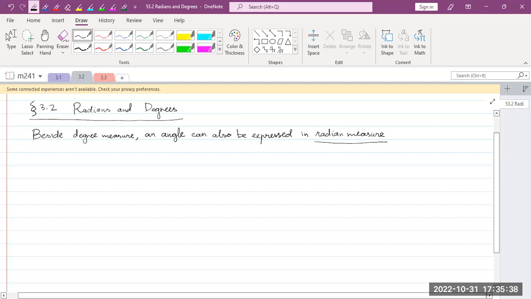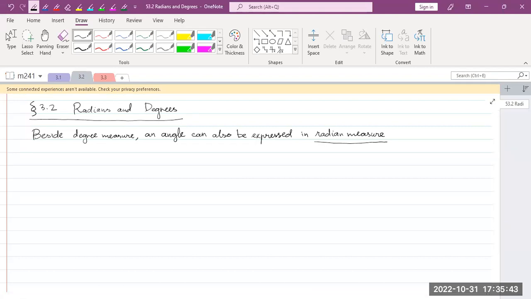In fact, we will talk about radian measures a lot for the next couple chapters.